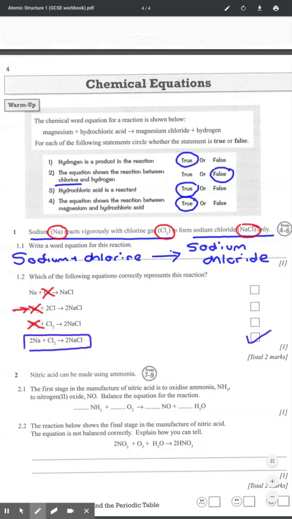Question 2 then does ask us to try and balance up an equation properly this time, and what we have to do is essentially try to balance this up from scratch.